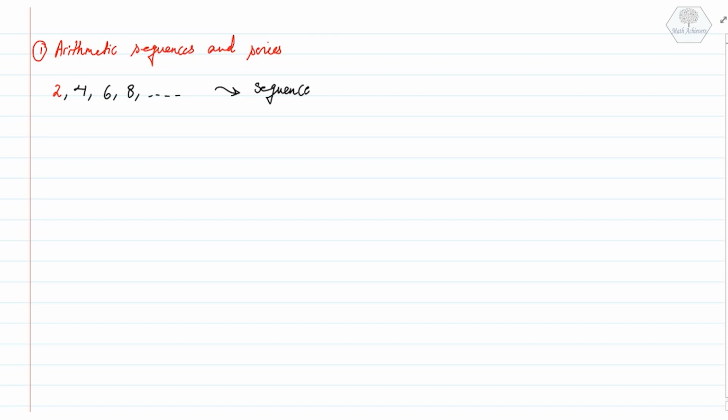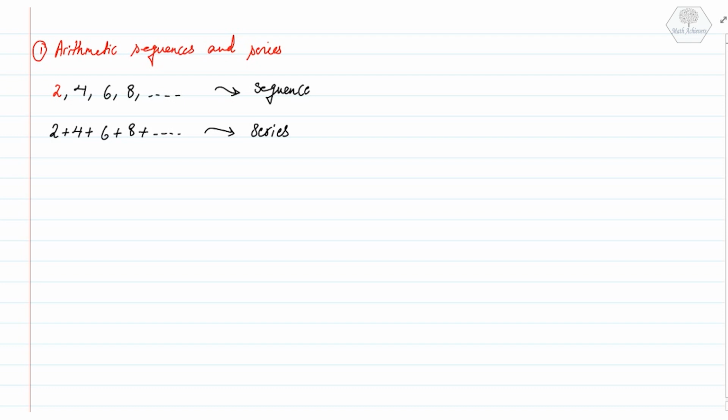If I have 2 plus 4 plus 6 plus 8 plus whatever, this is called a series. That's the difference between a sequence and a series. A series is when I'm adding the numbers. In a sequence, I only have a sequence of numbers, but I'm not adding these numbers.